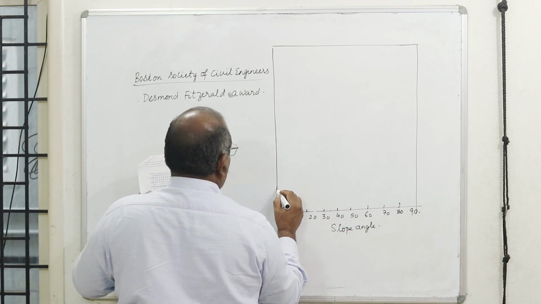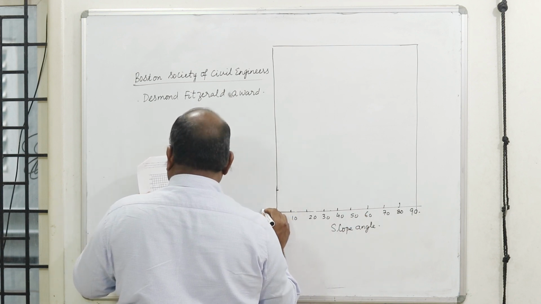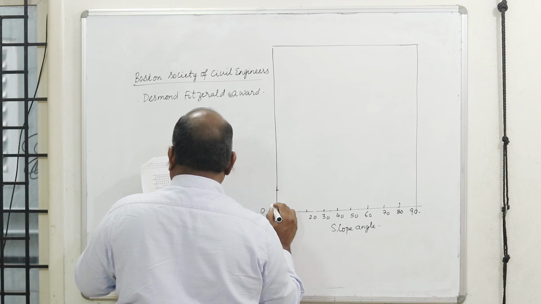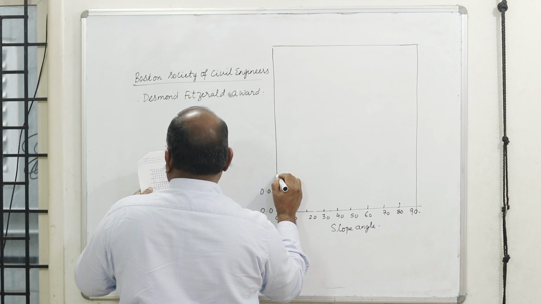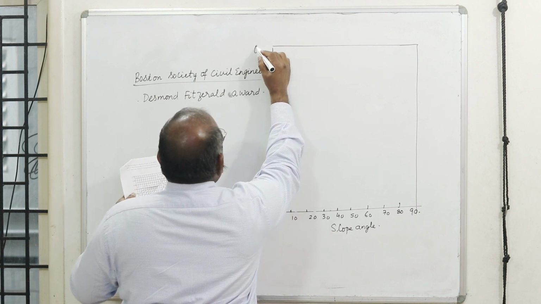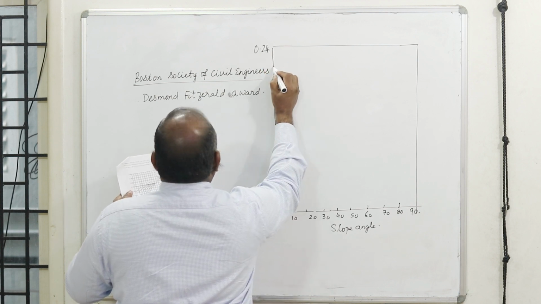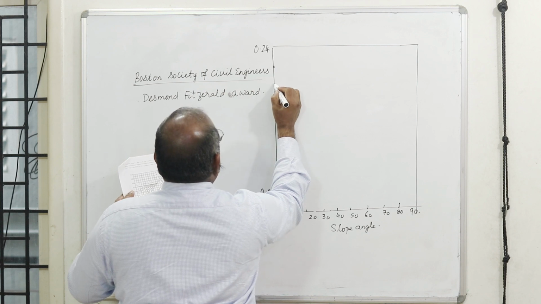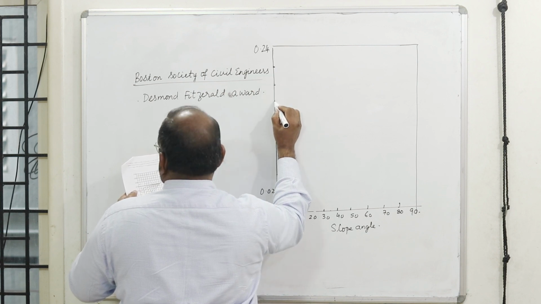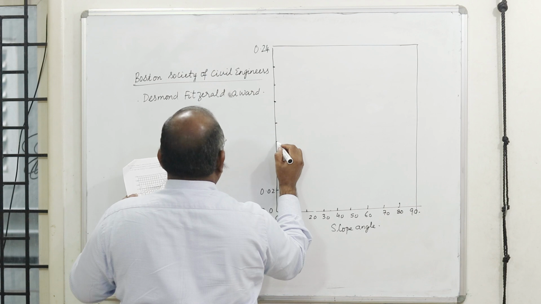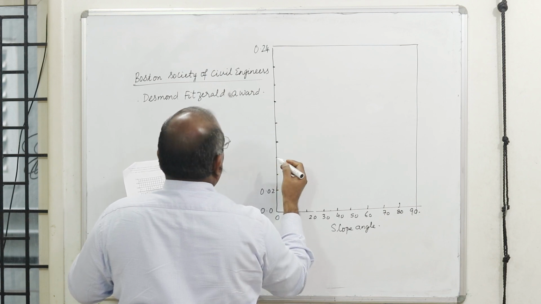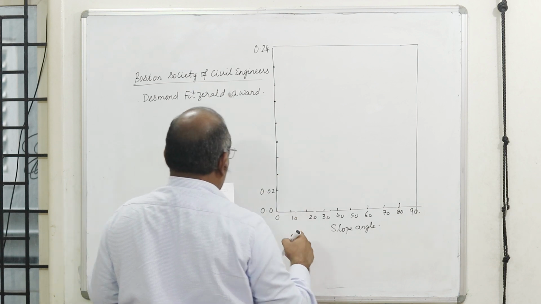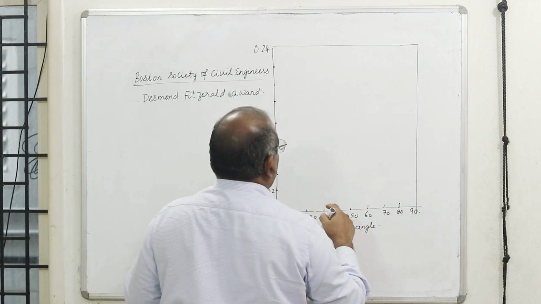And the stability number values: 0.0, 0.02, and so on, going up to 0.24, 0.22, 0.28, 0.16, 0.14, 0.12. It doesn't matter, I don't have any space.